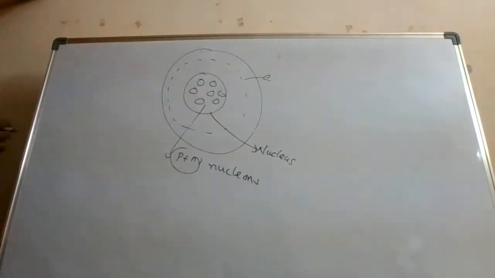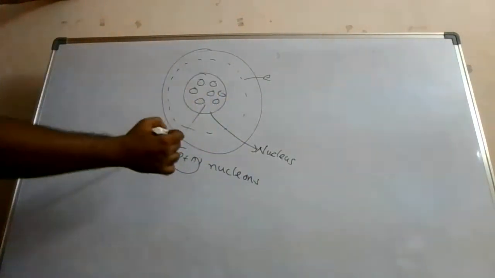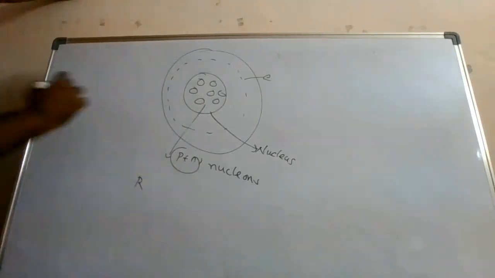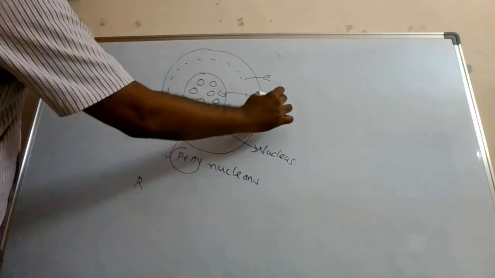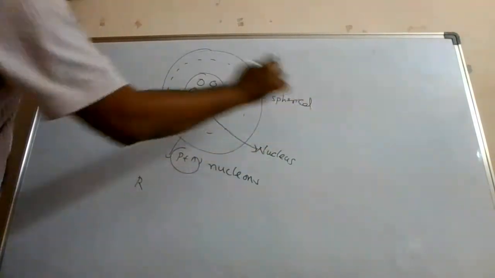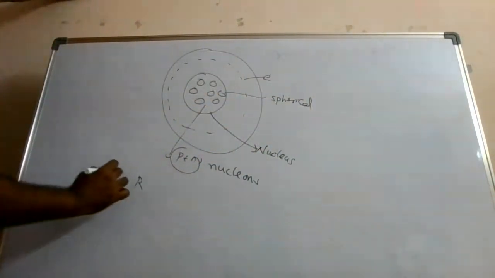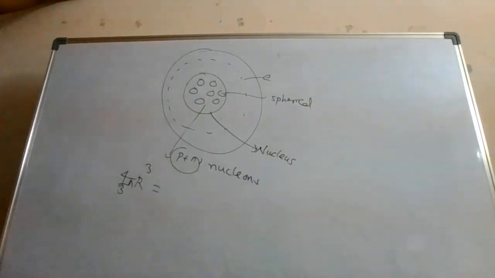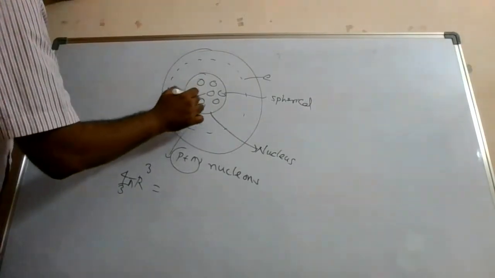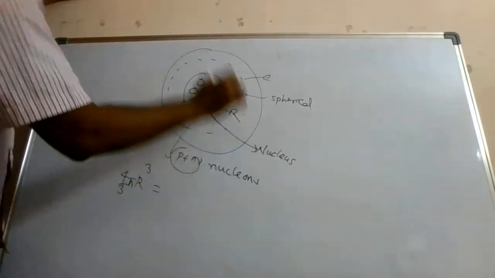Okay, now let us say this nucleus has a radius r. So it will have a volume. I told you that it is spherical in shape. So how much volume will it have? 4/3 pi r cube will be the volume of the nucleus, where r is the radius of the nucleus.